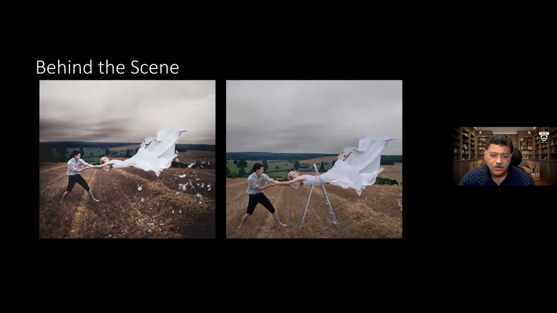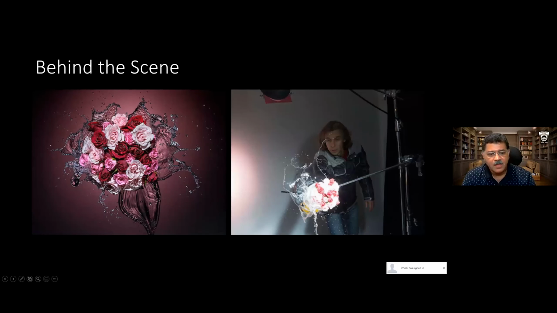Now please note that to get pictures like this, you must first take a shot of this whole scene without the subjects. Then you take another shot with the subjects. And then in Photoshop, remove the elements that are not required. In this case, it is the ladder. Same thing here, behind the scenes.